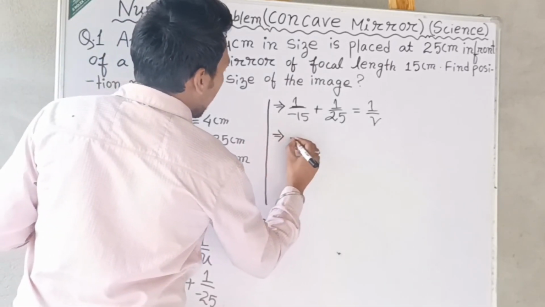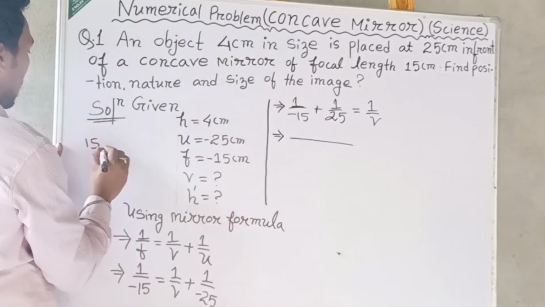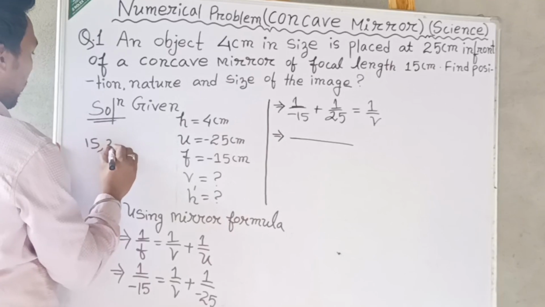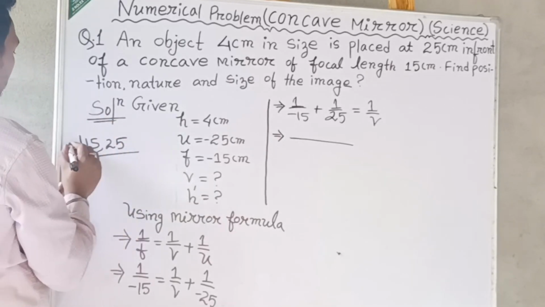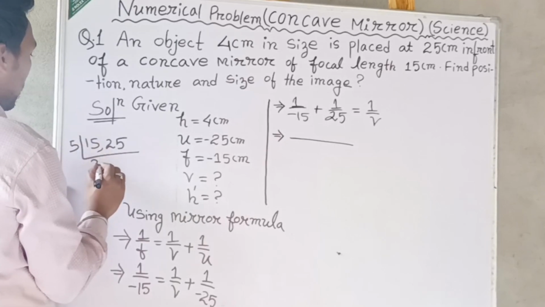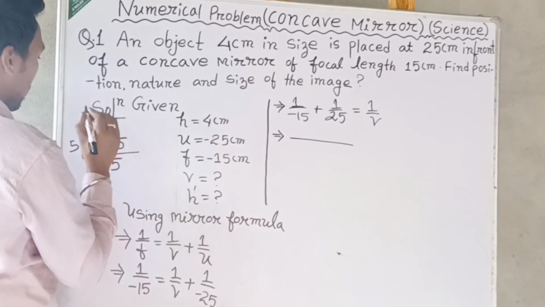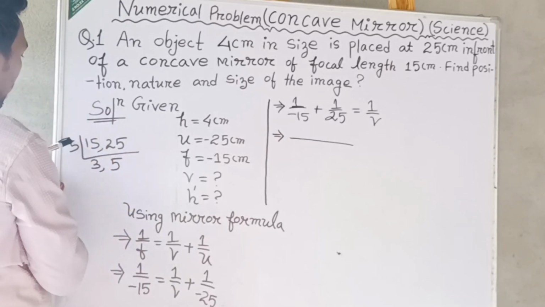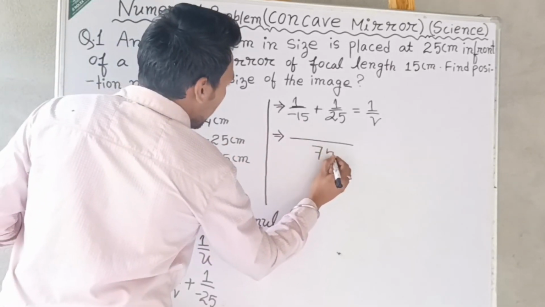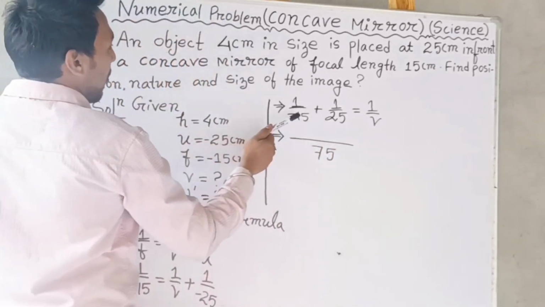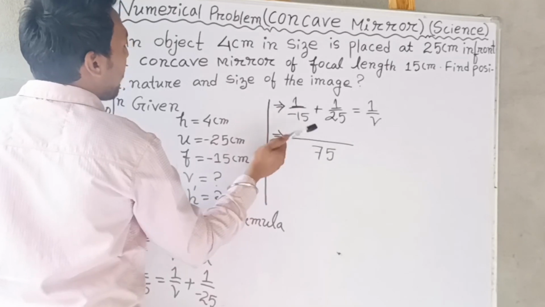Now in the next step, I'll take the LCM of 15 and 25. 5 3s are 15 and 5 5s are 25. Now to multiply, 5 3s are 15 and 15 5s are 75. So right here 75. Now 15 5s are 75, so 5 1s are 5.